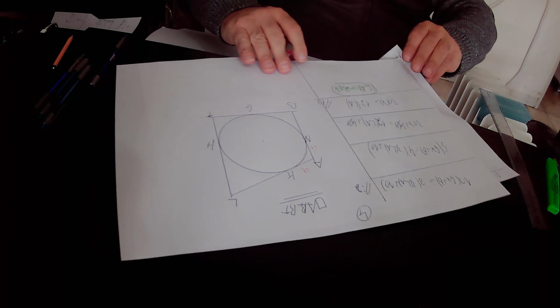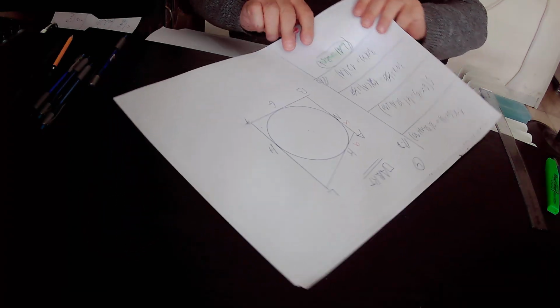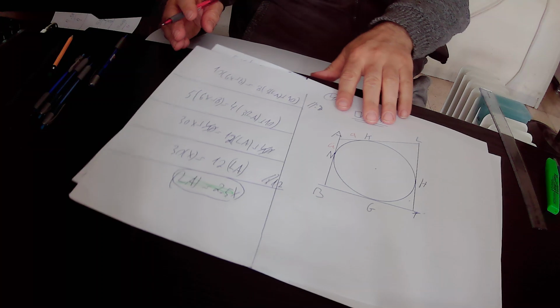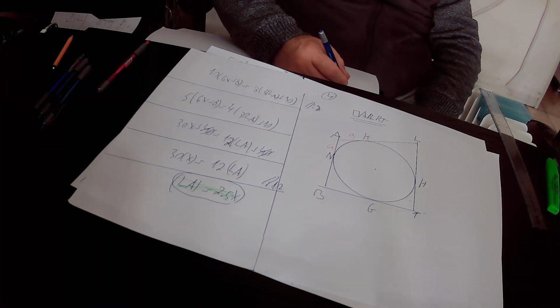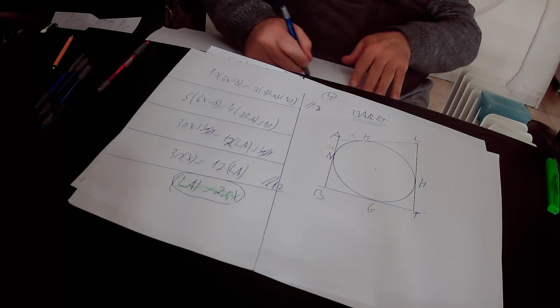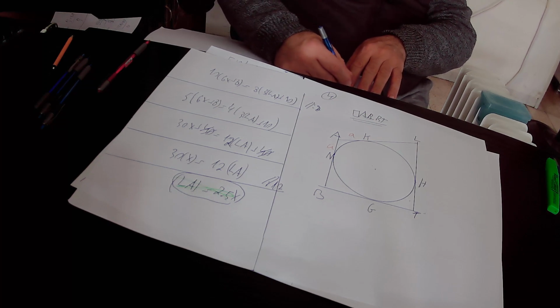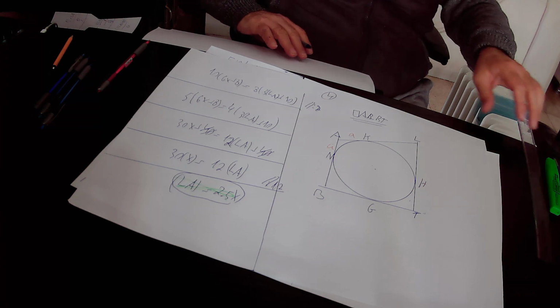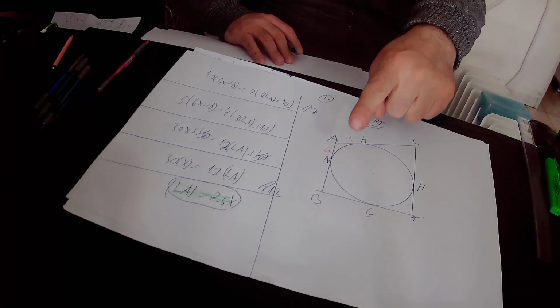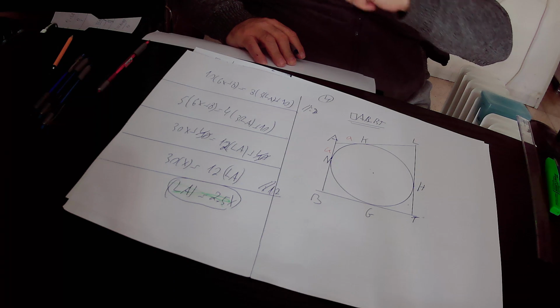In the next step, we'll focus on the common external point B. From B we have two tangents to this circle, tangent BN and tangent BG, and according to rule 2 they are equal to each other.